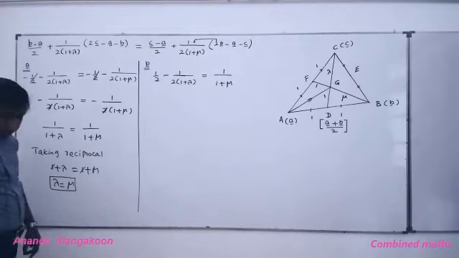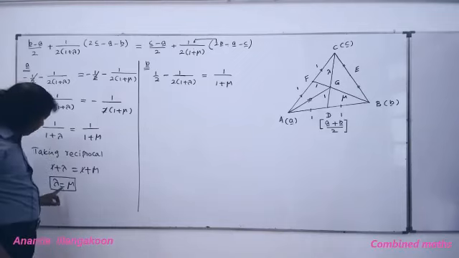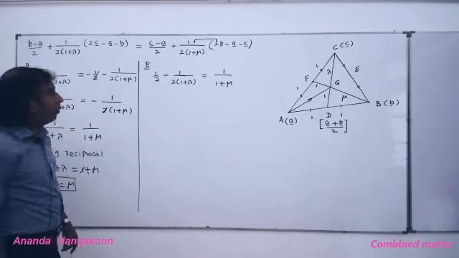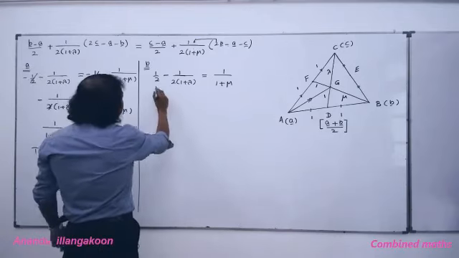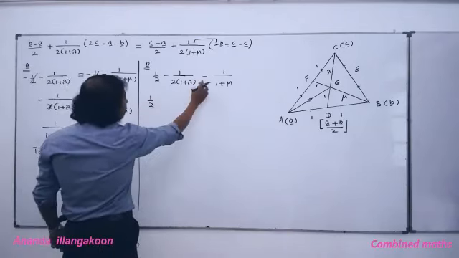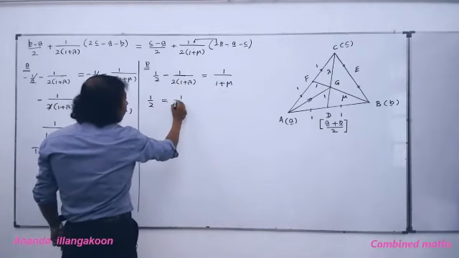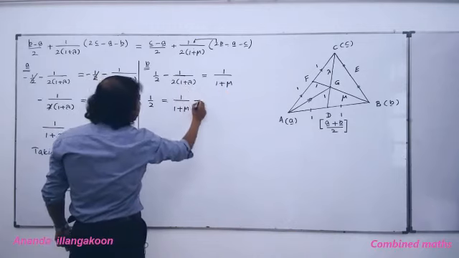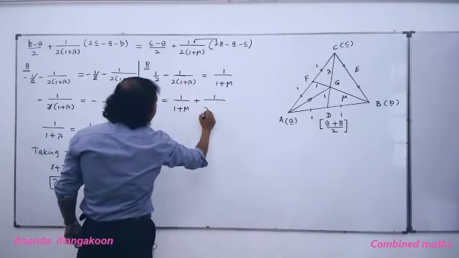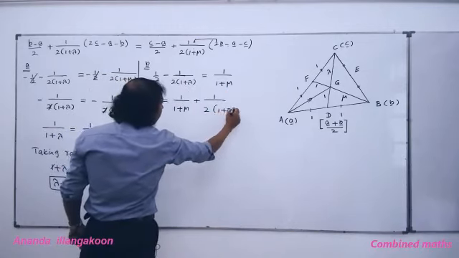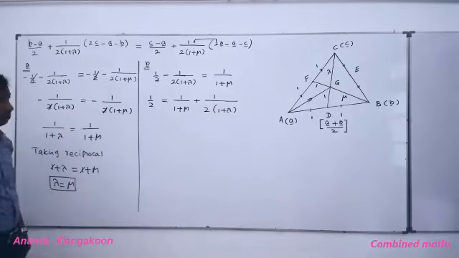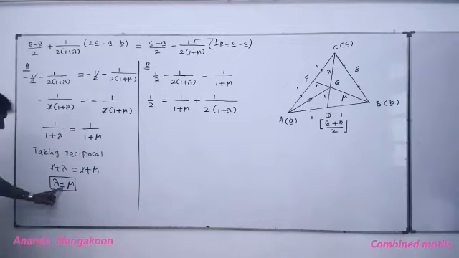Now we can use this relation lambda equals mu, no? Right. Now we can simplify that. Then this is what I do. I keep this half here, bring this to right hand side. 1 upon 1 plus mu. Bring this right hand side, this minus will be plus. 1 upon 2 times 1 plus lambda. Okay, people. But lambda equals mu, no?